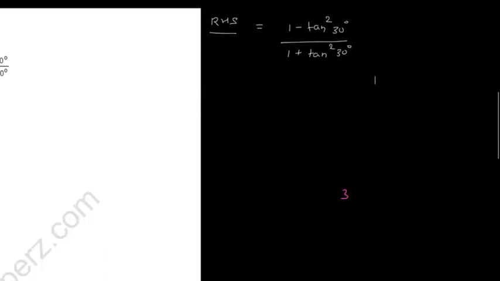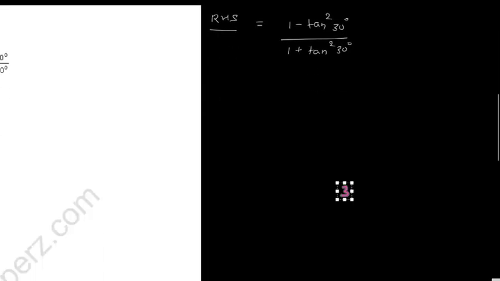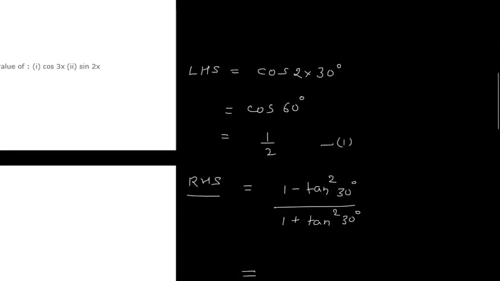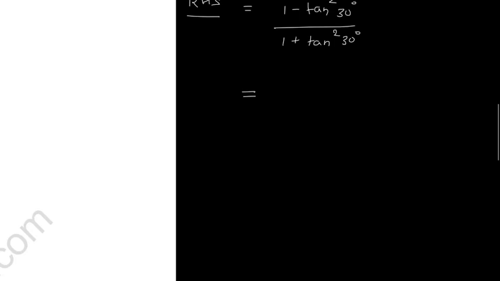So this is equal to 1 minus tan 30, value of tan 30 is 1 upon root 3, so it becomes 1 upon root 3 the whole square, and here it is 1 plus 1 upon root 3 the whole square.